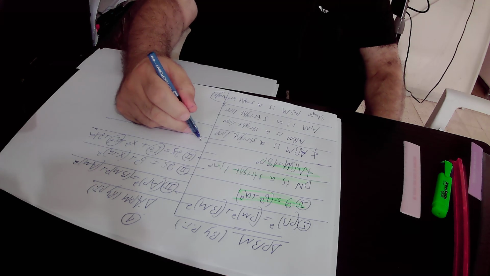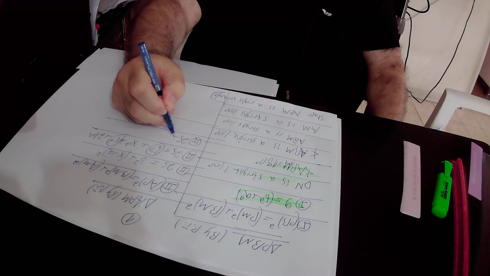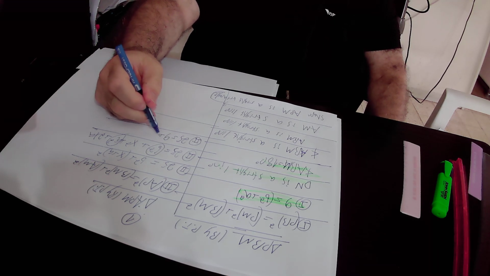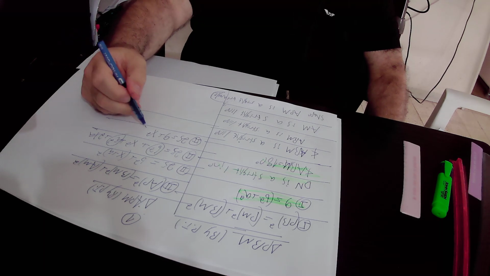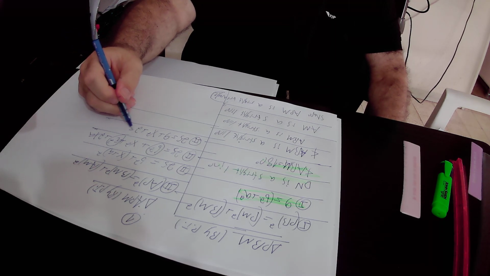And we get that according to equation number 2, 25 equals B square plus A square, which is 9, plus x square plus 2ax.